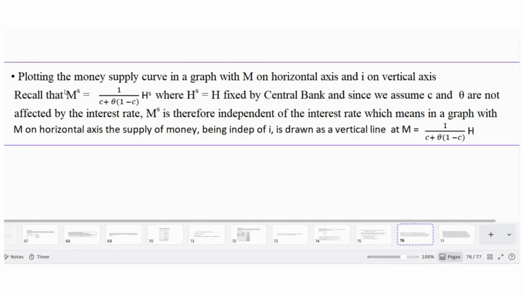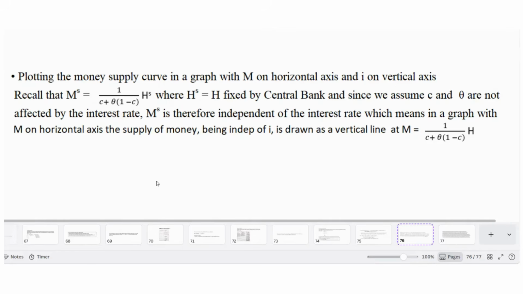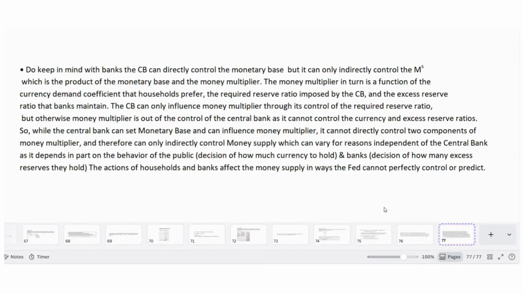Thus it can only indirectly control the money supply, because it cannot control these two components, which might cause the money supply to move in ways the Fed did not want, ways that the Fed cannot perfectly control or predict.